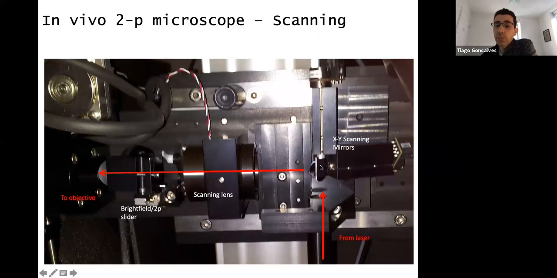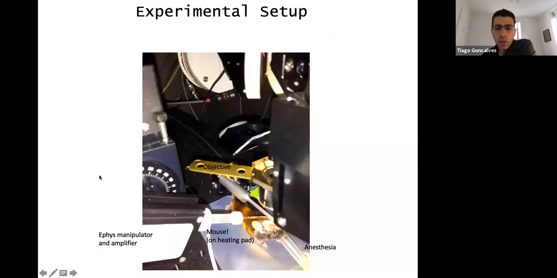Basically they respond to a current. You have a command current, and they oscillate back and forth. We're going to talk a little bit more about those. And then you have a scanning lens. You have the slide, which is just between bright field and two-photon, and then you pump your laser into your objective, and then you have your mouse here at the end.